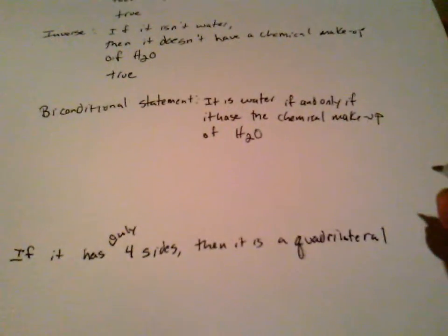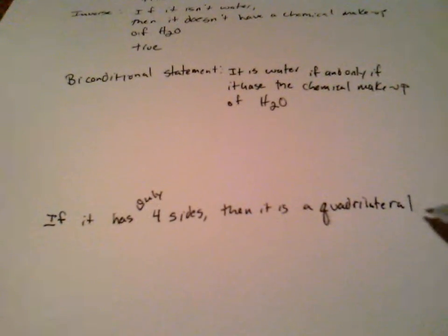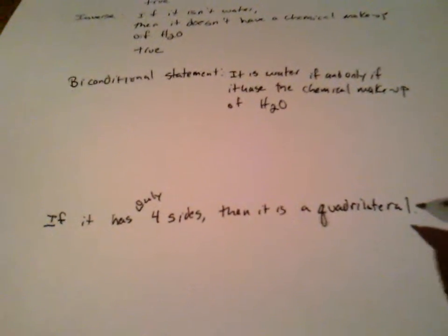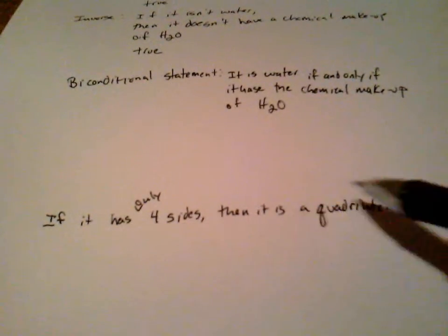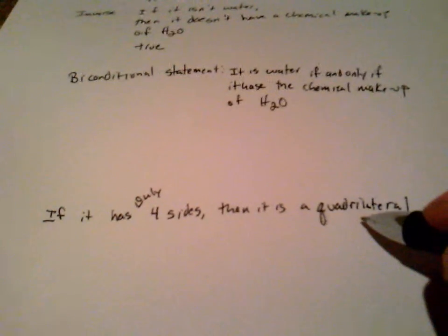Okay. So what this means, a quadrilateral means, all it means is something with four sides. These are your rectangles, your parallelograms, your squares, so on and so forth. If it has four sides and only four sides, then it actually is a quadrilateral. So that's what a quadrilateral is.